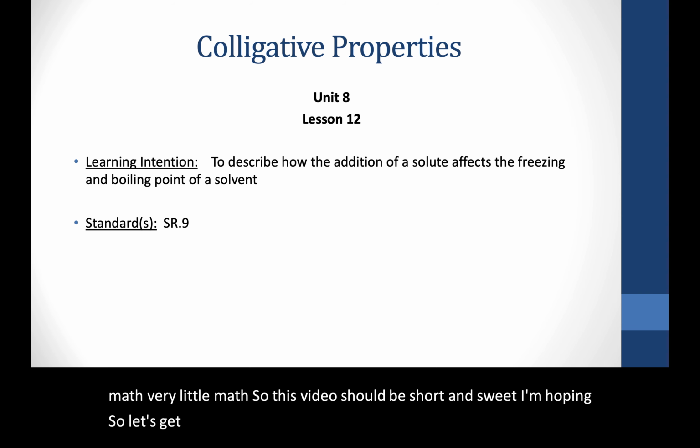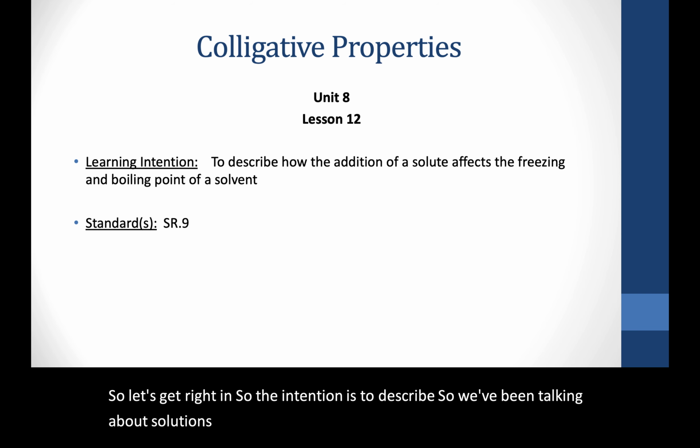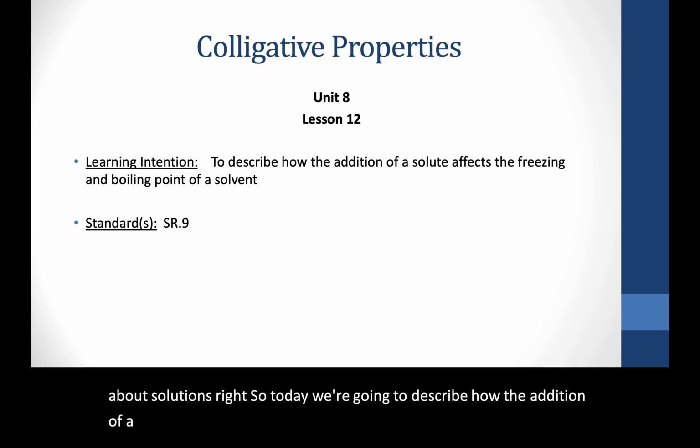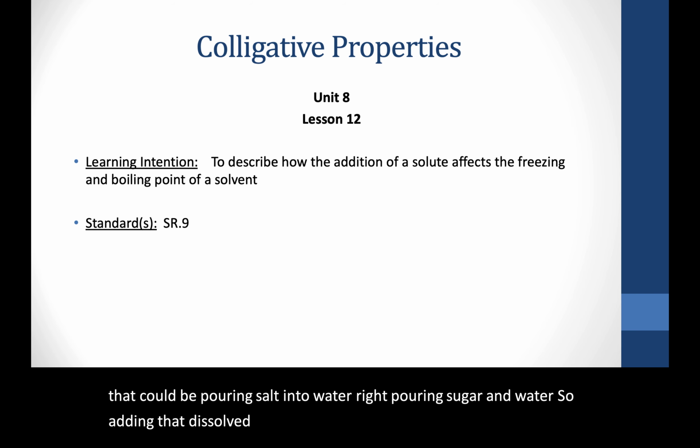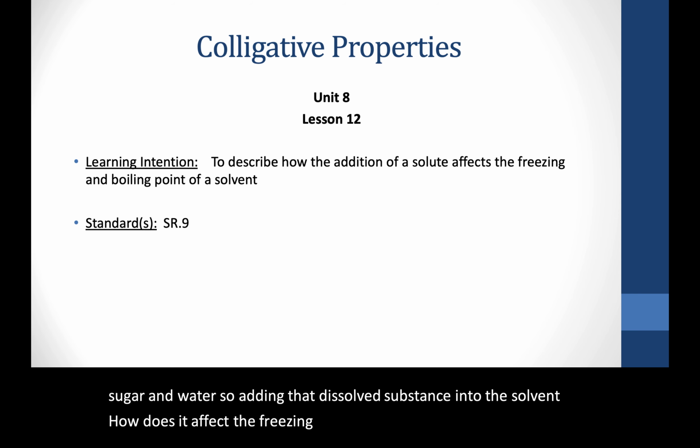So we've been talking about solutions, right? So today we're going to describe how the addition of a solute, which is a fancy way of saying adding something, maybe that could be pouring salt into water, right? Pouring sugar in water. So adding that dissolved substance into this solvent, how does it affect the freezing and boiling points? I'm going to mention a couple other properties, right?